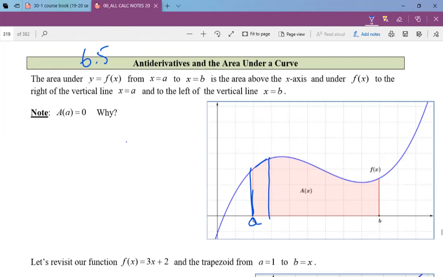And if I want to figure out what the area is, well, it ends up being hard because it's a curve. But if I take that kind of trapezoid area, and then if I take this next one, and I'll have this trapezoidal area, and if then I have this one and I have this trapezoidal area, if I add all of those areas up, that should be pretty close to what A of x ends up being. How could I make it even closer?